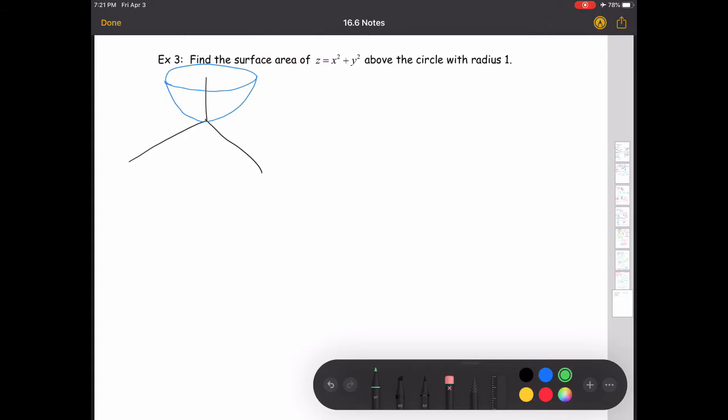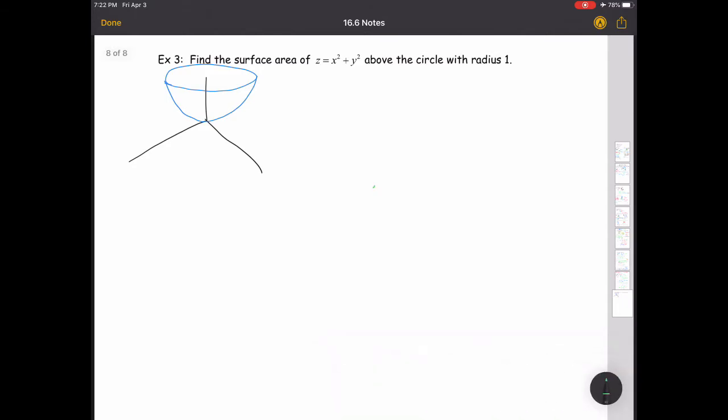And we specifically only want to find the surface area above the circle with a radius of 1. So we know that this bowl keeps on getting bigger and bigger infinitely, but we only want to find the surface area that's associated with the space right there that's above that circle.